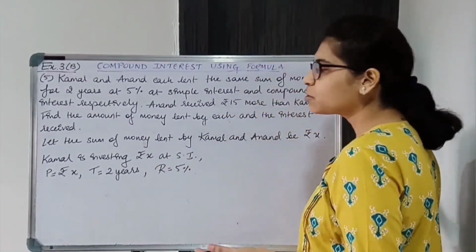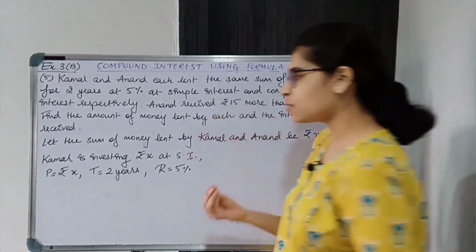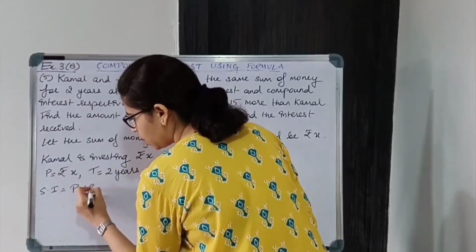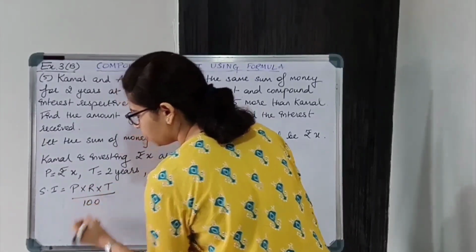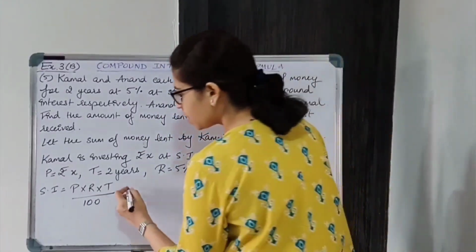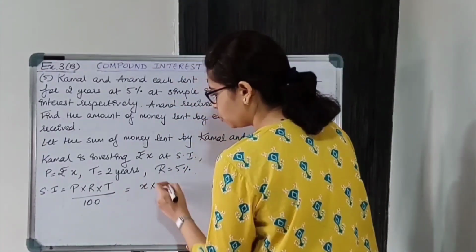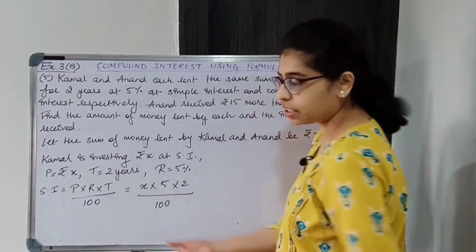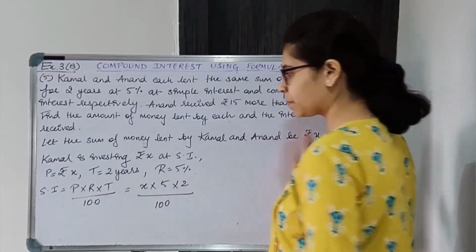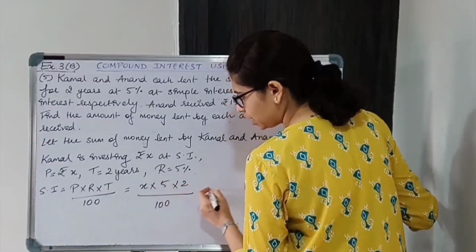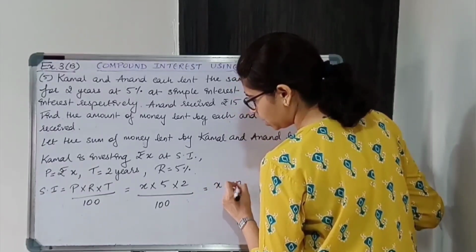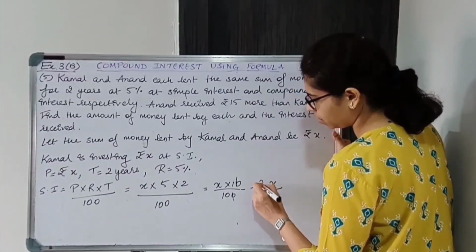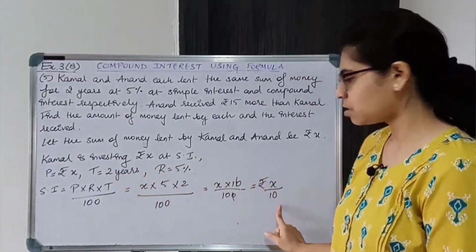The simple interest formula is P into R into T upon 100. So let us find the simple interest. It is P into R into T upon 100. So it will be X into 5 into 2 upon 100. Solve it vertically, don't solve it horizontally like this. So 5 2s are 10, so you will get X into 10 upon 100. So the 0 and 0 get cancelled, so you get X upon 10 rupees. So simple interest is this much.